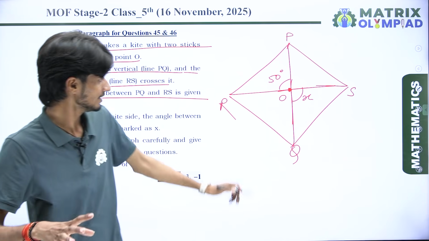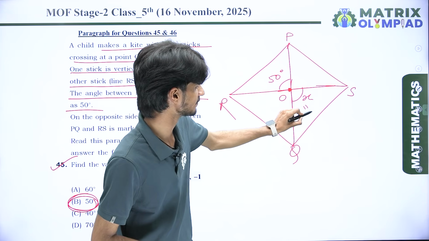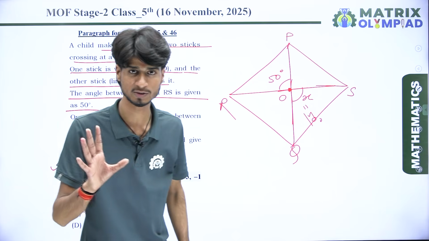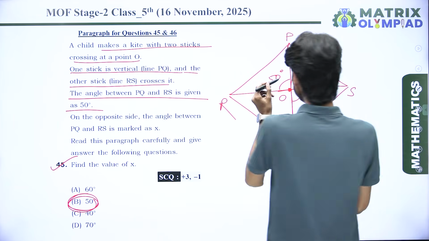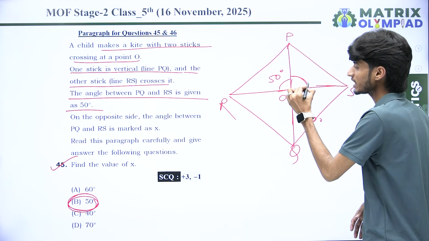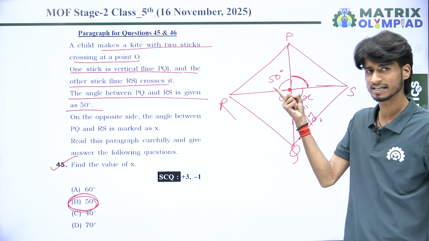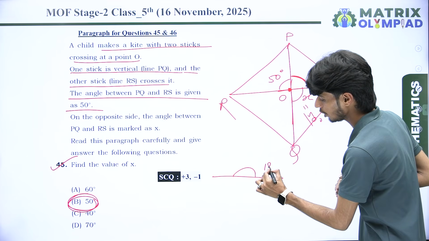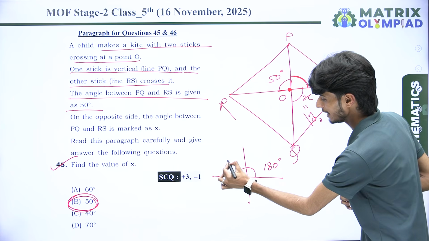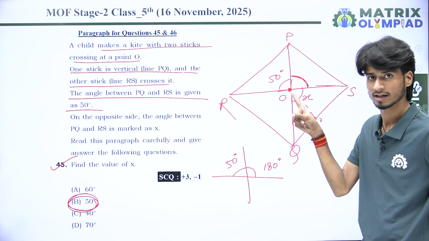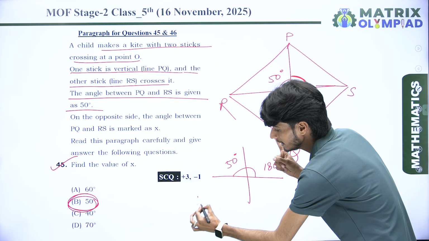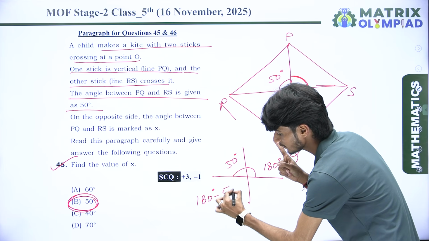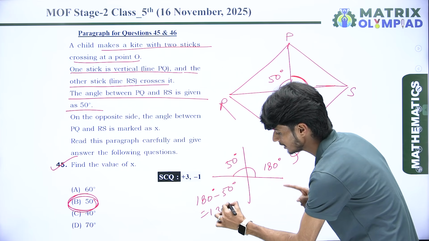So you can see here, this is 50 and this is also 50 because both are vertically opposite, and the remaining 2 depend on the straight line, because you can see RS is a line and on a line we have an angle of 180 degrees. If one angle is 50, then the remaining one is 180 minus 50, which is equal to 130.